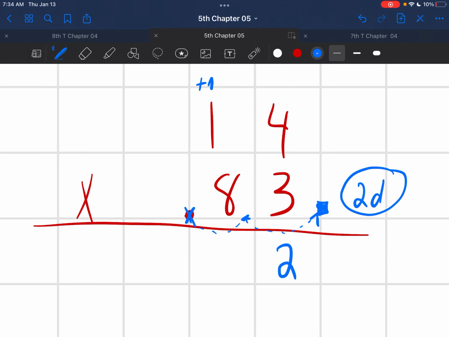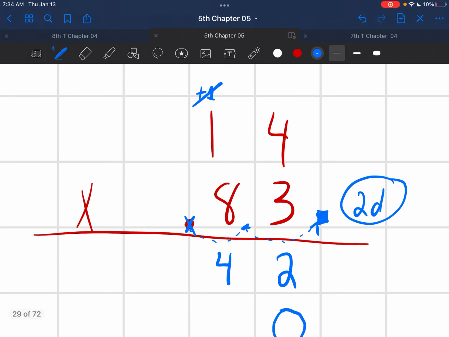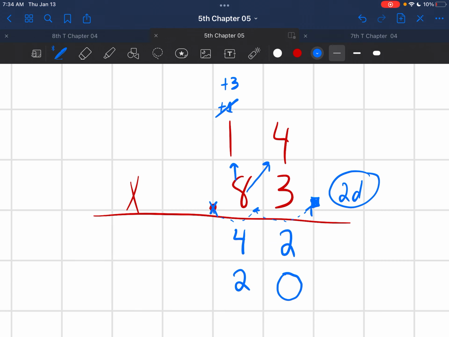Carry the 1. 3 times 1 is 3, plus 1 is 4. Good. Don't forget to put your placeholder. All right, now we do 8 times 4 is 32. Good, so that's 2. Don't forget to carry the 3. And then 8 times 1 is 8, plus 3 is 9, 10, 11.